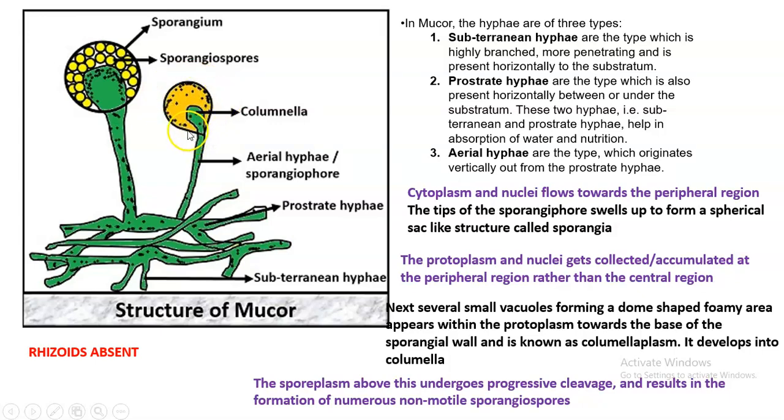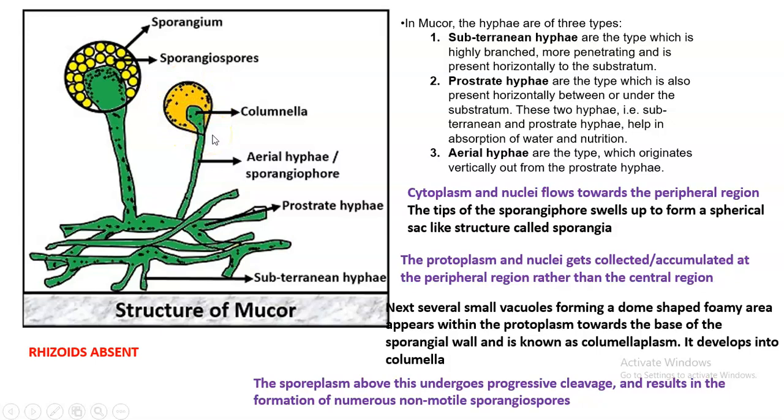When the sporangium is getting formed, the cytoplasm from the sporangiophore will move to the tip of the hypha, and it will get swollen because of the accumulation of cytoplasm and many nuclei. This is the first step. You can see that the cytoplasm and nuclei flow towards the peripheral region. The tip of the sporangiophore swells up to form a spherical sac-like structure called sporangium.